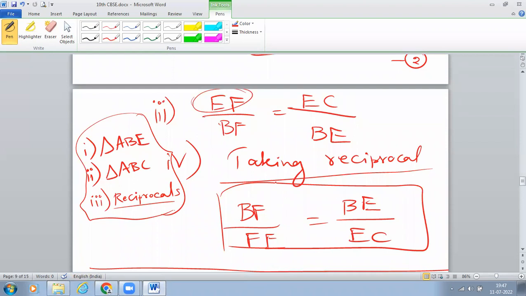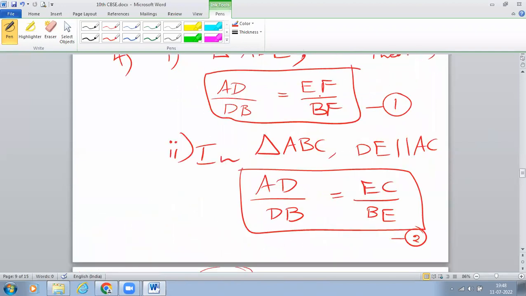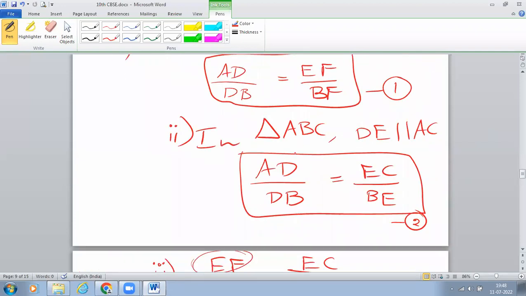Even this sum can be done without the reciprocal step. While practicing you will come to understand this. Initially AD by DB can be expressed as DB by AD is equal to BE by EC. Both are the same, but since we are taking triangle ABC, we can start with AD by DB is equal to EC by BE.